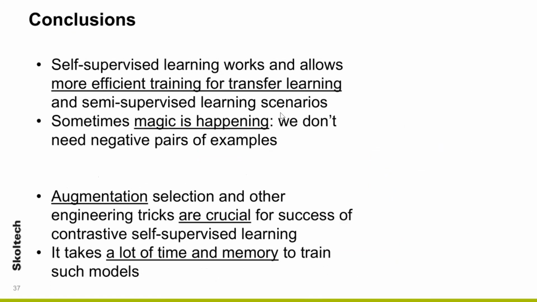Why we should use this and should not use this, especially if we're talking about SOTA approaches based on contrastive learning. For example, augmentation selection is crucial if we want our model to be successful and to be trainable at all. Also, we note that it takes a lot of time to learn such a model because there is no direct supervision, maybe similar to what we observe in the real world.